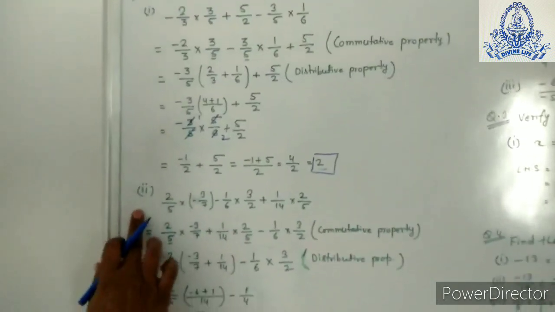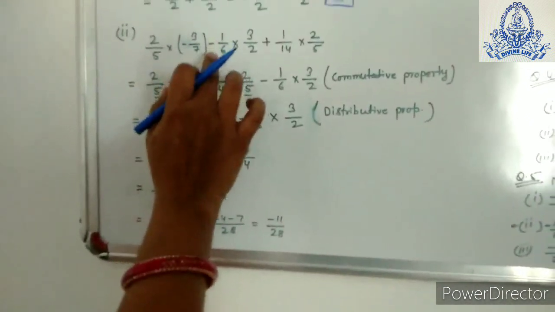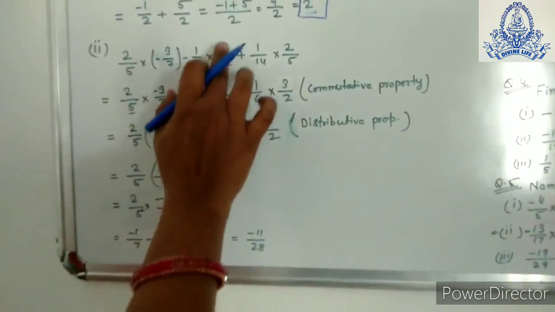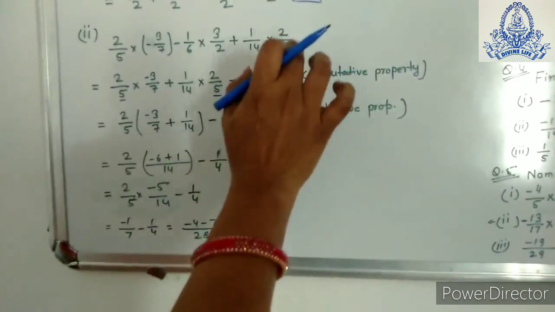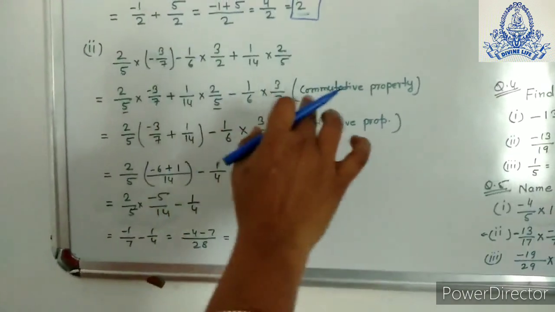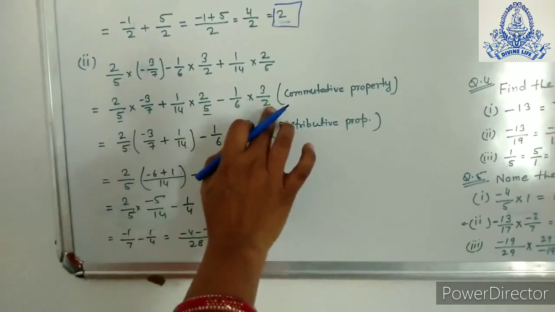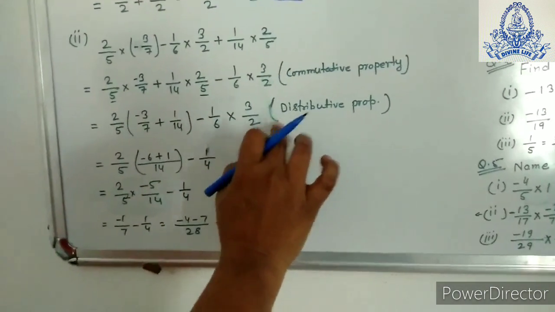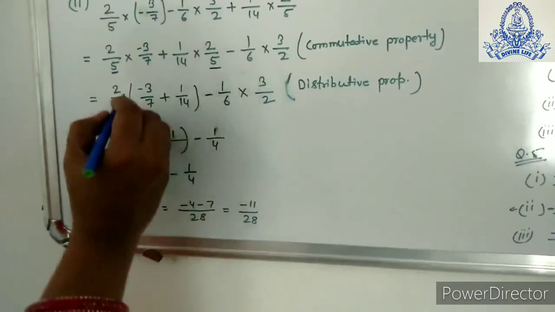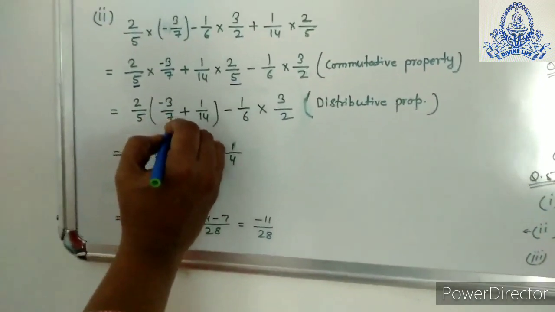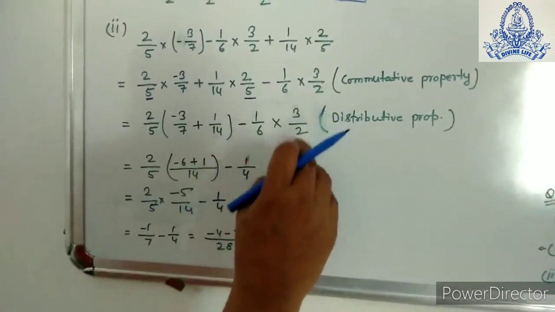In the second part, 2 upon 5 into minus 3 upon 7 minus 1 upon 6 into 3 upon 2 plus 1 upon 14 into 2 upon 5. Same as before, under commutative property, we first arrange these numbers. Now under distributive property, we take common 2 upon 5 and in the bracket minus 3 upon 7 plus 1 upon 14, minus 1 upon 6 into 3 upon 2.